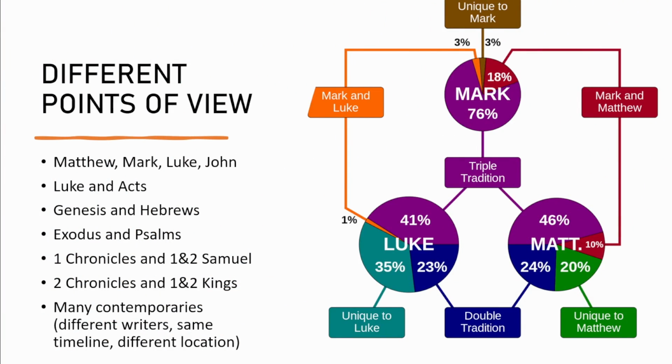Now, if you observe the biblical account, you would realize that there are different points of view on the same stories, the same accounts, the same events, the same people. And I say different here, not contradictory.